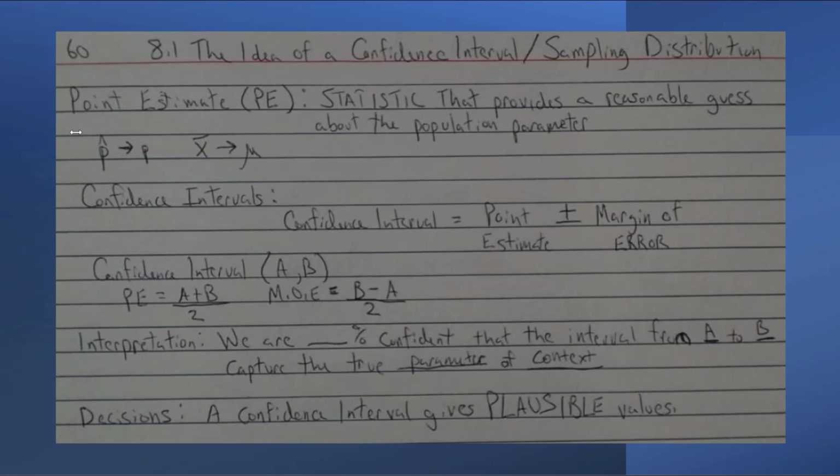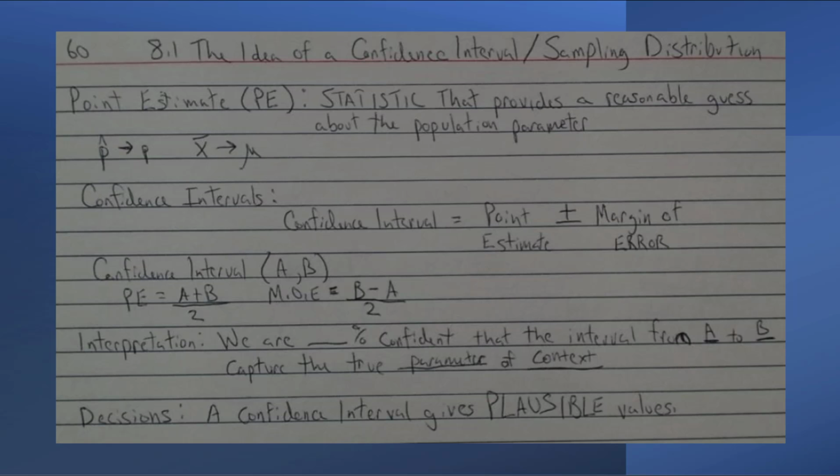Again, the point estimate is your statistic that provides a reasonable guess about the population parameter. Your confidence intervals are your point estimate plus or minus the margin of error. If they just give you an interval, you can find your point estimate and your margin of error based off those two values.